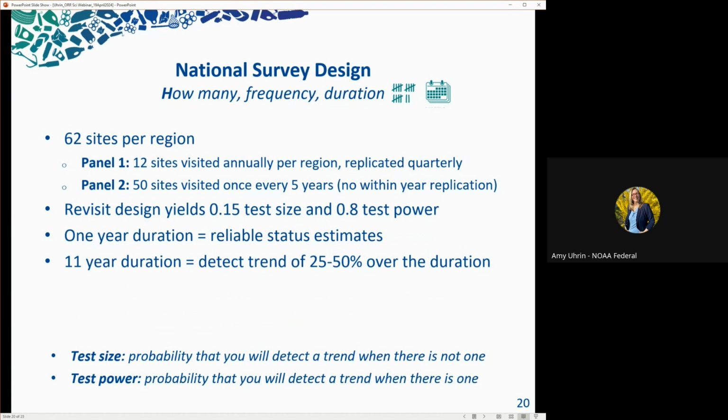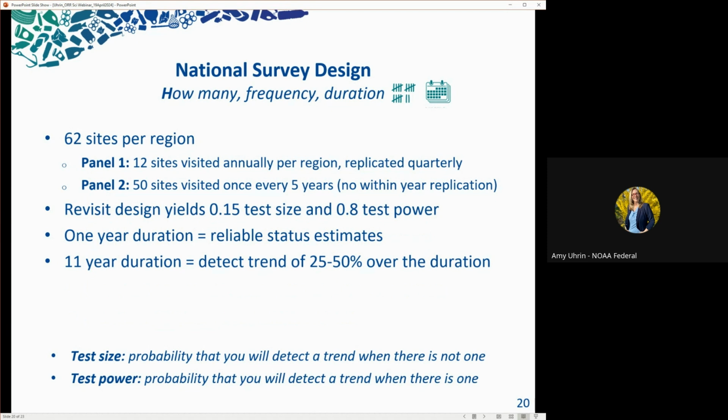And within that year, you're sampling these 12 sites repeatedly on a quarterly basis. And then you need to have a second panel that has 50 sites that you just visit once every 5 years. So you're not replicating the sampling within a particular year.